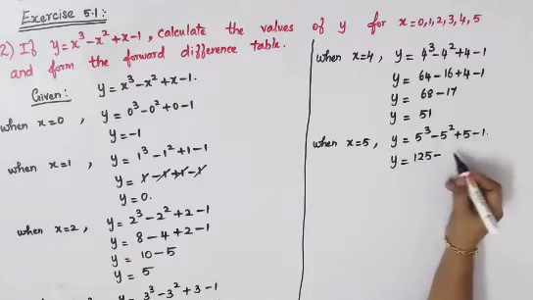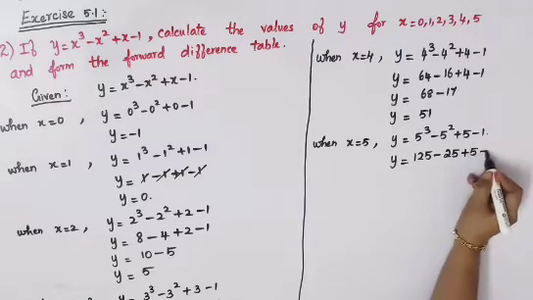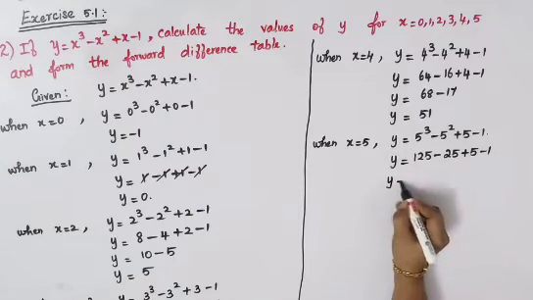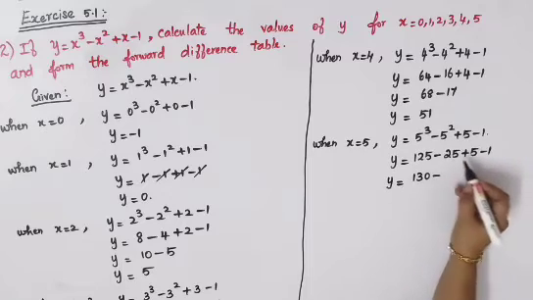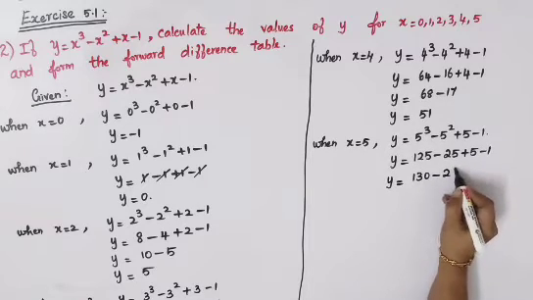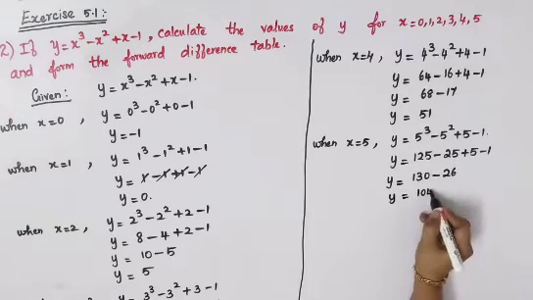Minus 5 square is 5 fives are 25, plus 5 minus 1. So y is equal to 125 plus 5 it will become 130, minus 25 and 1, so it is 26. Therefore, subtracting, you get y is equal to 104.